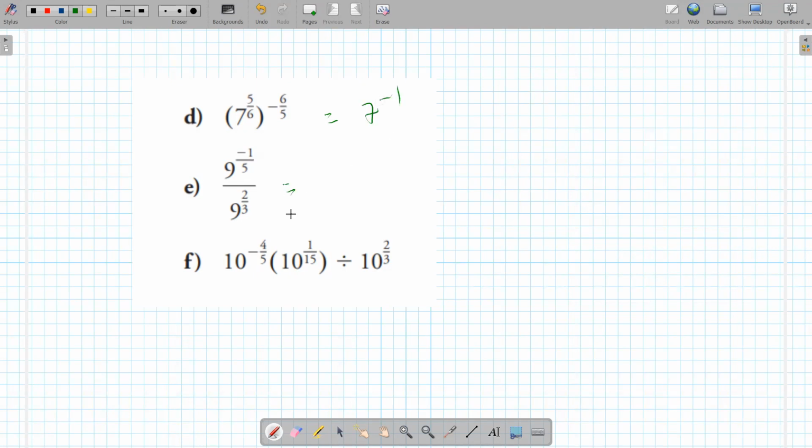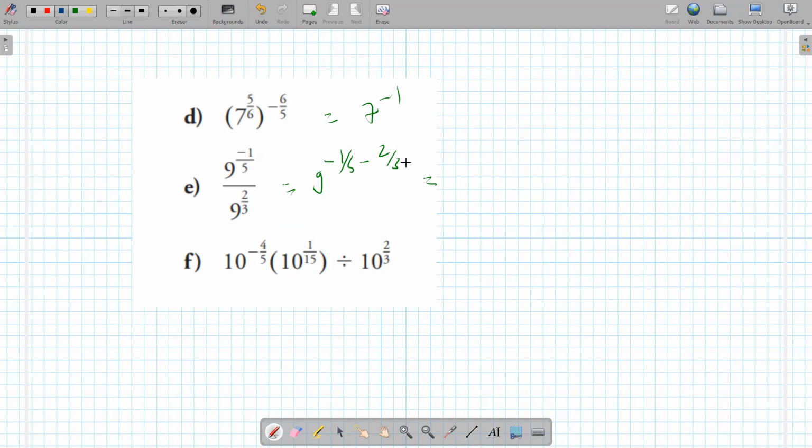What about for E? What do we do there? You subtract. Yes, so you get 9 to the -1 over 5 minus 2 over 3. Common denominator, this is elementary stuff, but the common denominator here is 15.